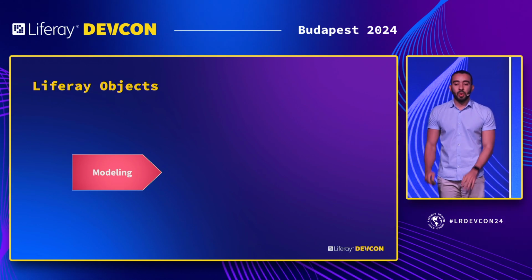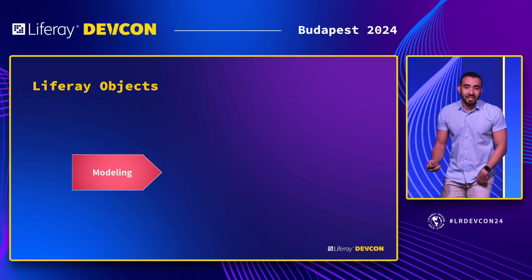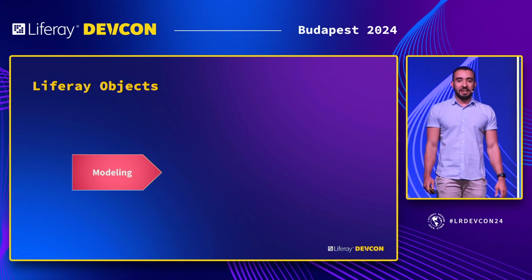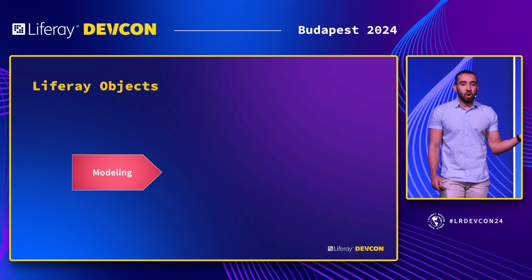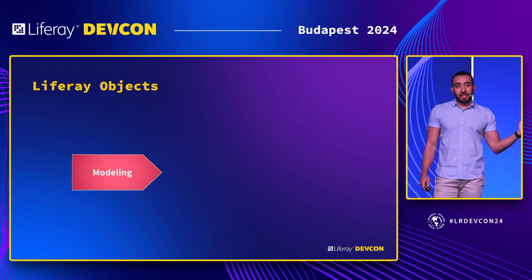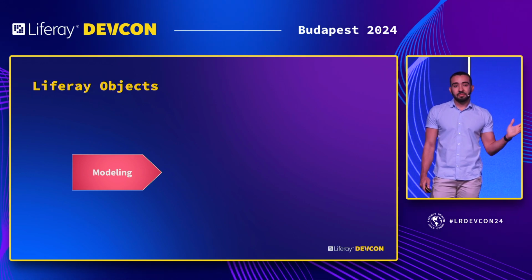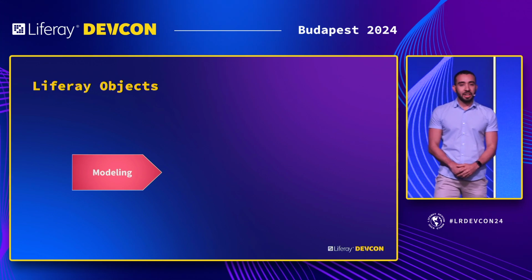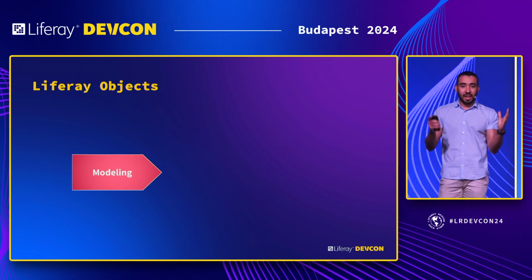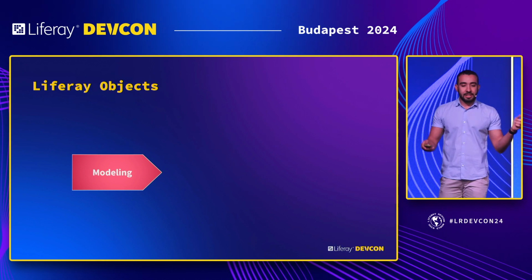So just a quick recap of what objects are. I know everybody here should know what it does, but just a quick recap. With objects, we can model our applications. We can build entities that we call objects and have a model connected.